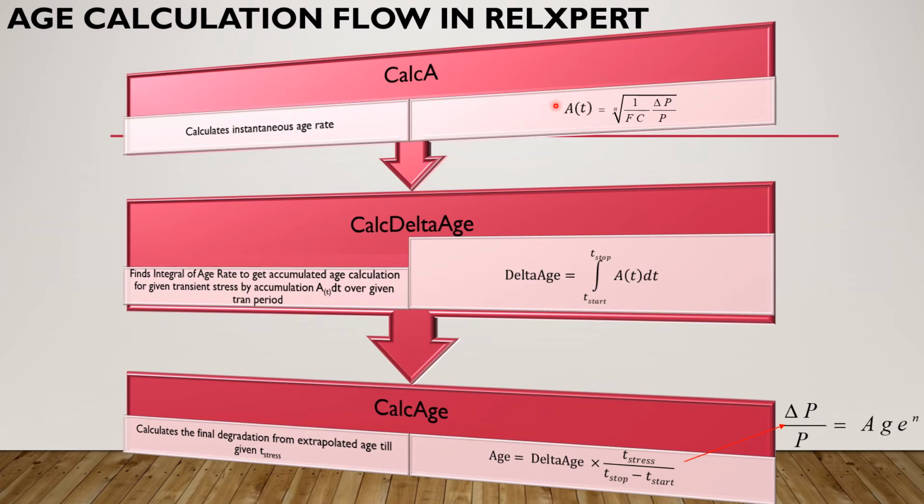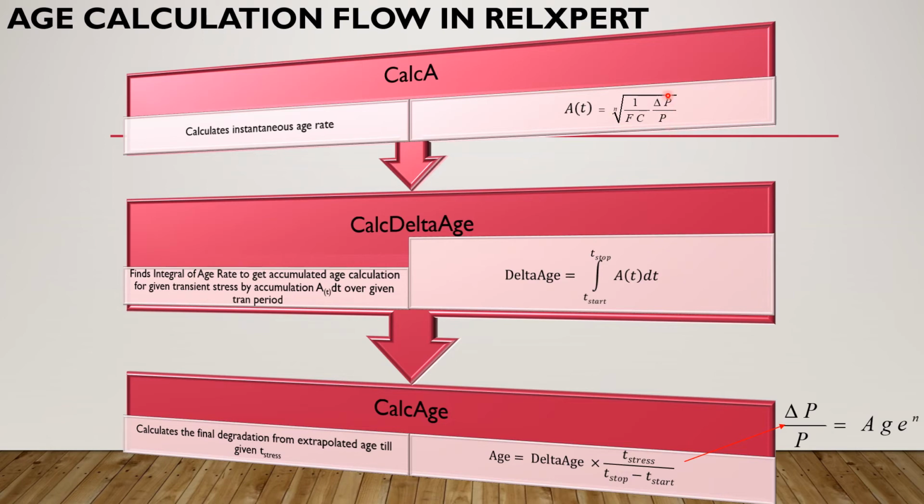Age A as a function of time is given by the square root of the nth root of 1 by Fc times delta P by P, where P could be the parameter that is getting degraded, for example VTH0 or u0 in BSIM for mobility. So in that case there will be delta VTH by VTH and delta u0 by u0.